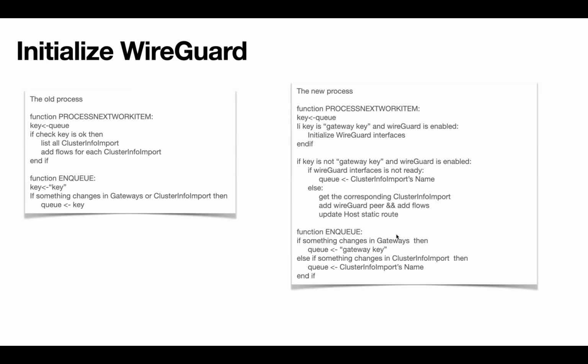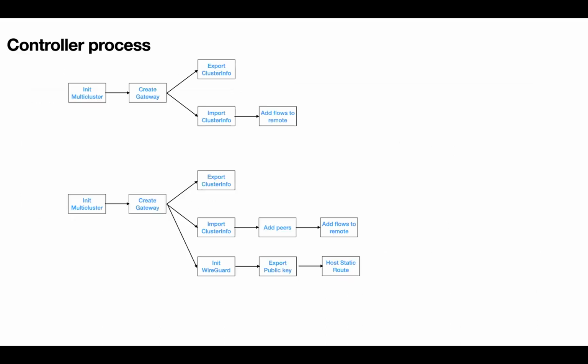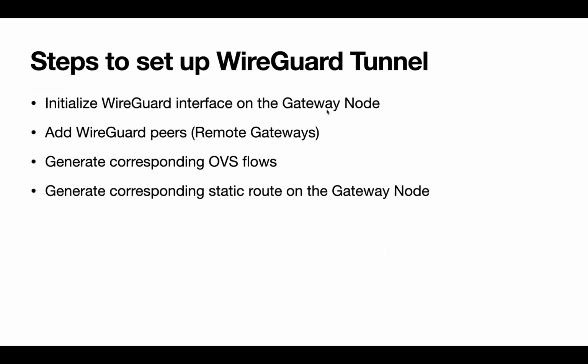It will cost too much time. So in this situation we include the cluster info import's name in the processNextWorkItem function. If a key is popped from the queue and the wildcard is enabled, we will initialize the wildcard interface as mentioned before. This is the first step.